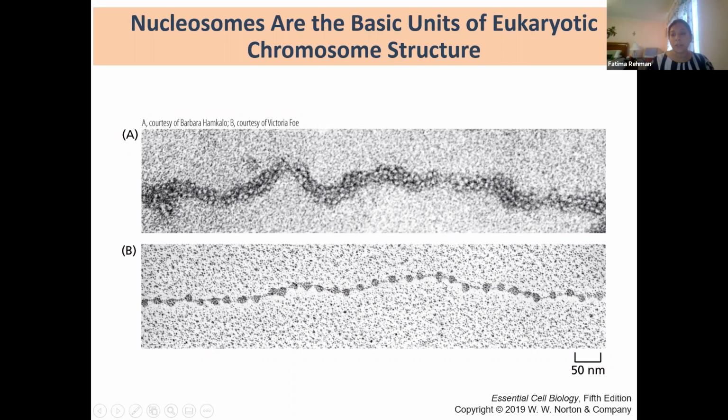If you denature them further, you will see this bead on thread formation. The individual beads that you see are actually histone molecules, which is an octamer of protein subunits joined together, kind of looks like a yo-yo, that has the DNA wrapped around it. And the strand that you're seeing is the DNA itself.